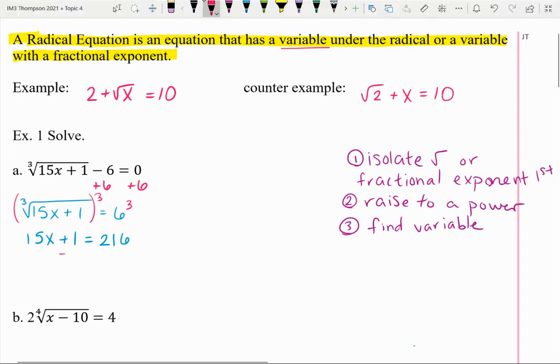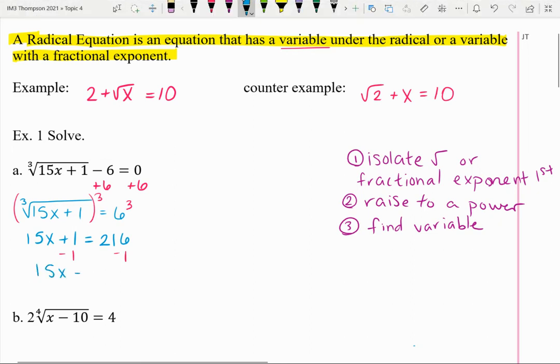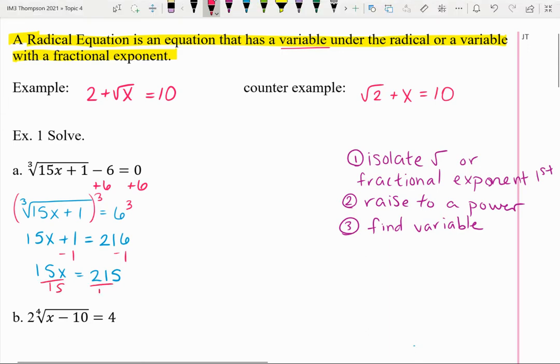So to get x by itself, I'll have to move the 1 first. And then divide both sides by 15. That's not reduced and doesn't go in evenly.